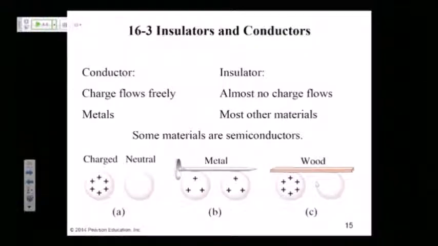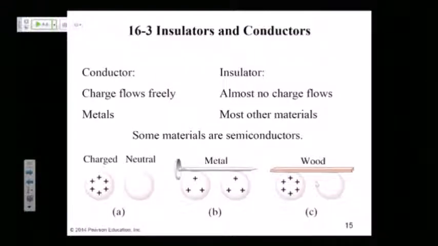Because of that, we call this nail a conductor, because it conducted the charges. It allowed charges to move from the charged to the non-charged object. At the end, you will have a symmetric distribution of charges because these two spheres are identical. So all materials that allow charges to move through freely are called conductors.